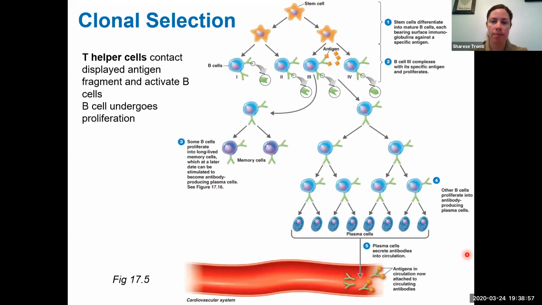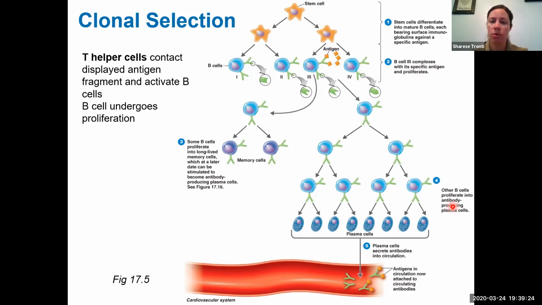And so what's going to happen is once a B cell has come into contact with the correct antigen, it is going to do what we call proliferate. It's going to divide and multiply itself. And so all of these cells will be exact clones of the correct type of B cell that has the correct type of antibody for that specific antigen.